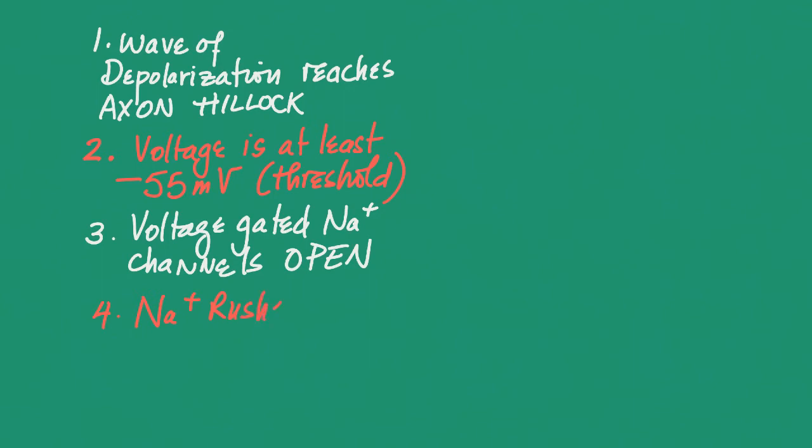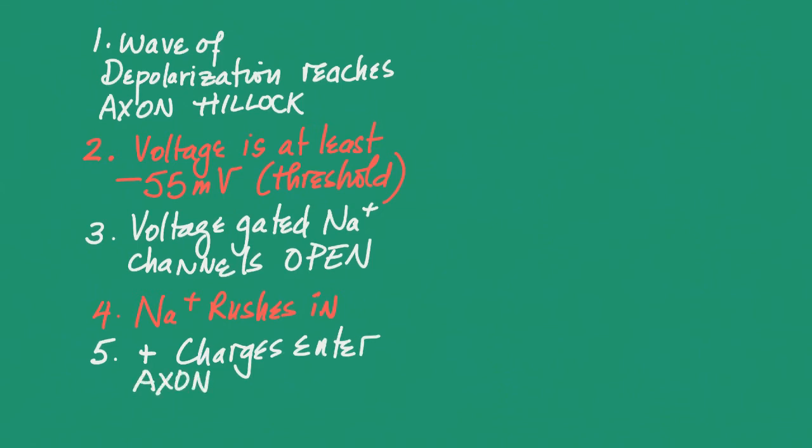When sodium rushes in, it brings along with it positive charges. And this causes the membrane voltage to go up. When a membrane voltage increases and approaches zero, we say that the membrane is depolarized. So the next step is that the membrane depolarizes.